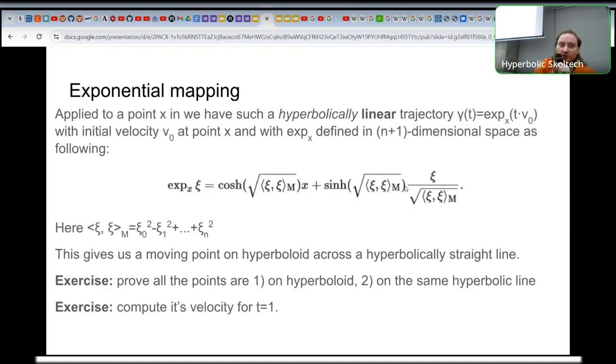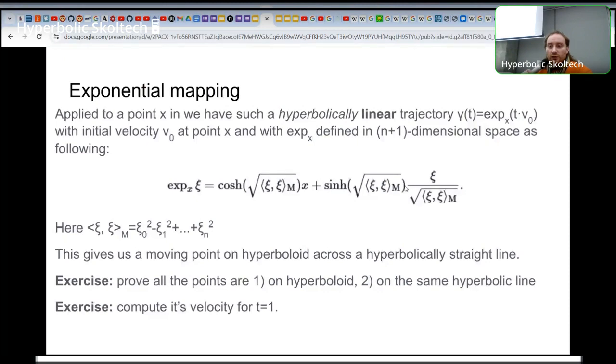So the exponential mapping: if you have a velocity v0, you take the integral curve for the vector field generated by the vector v0, and there's some intuition behind it.